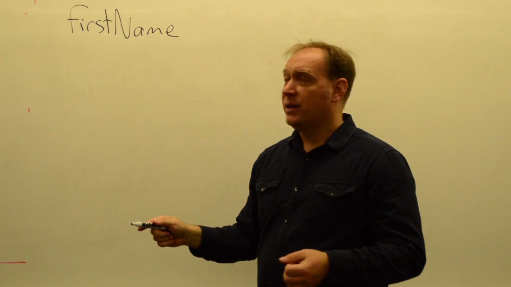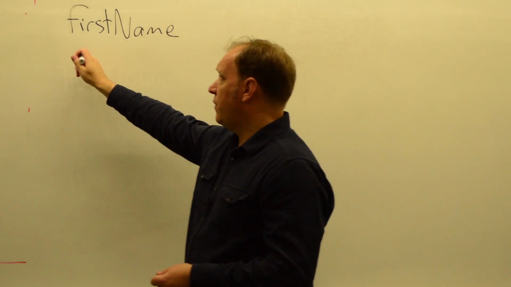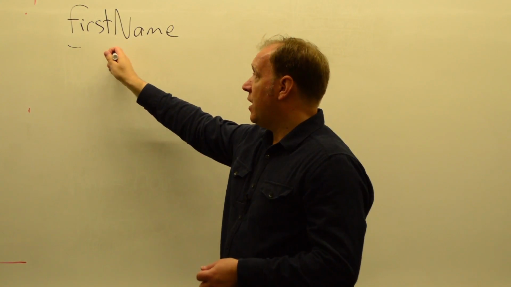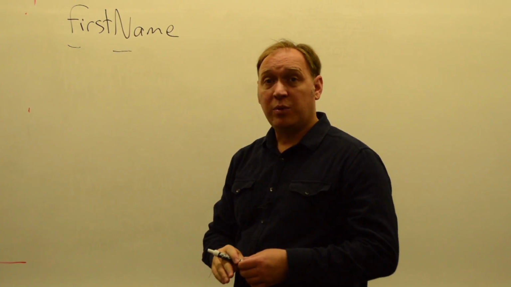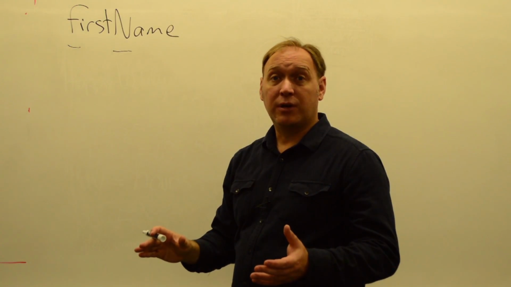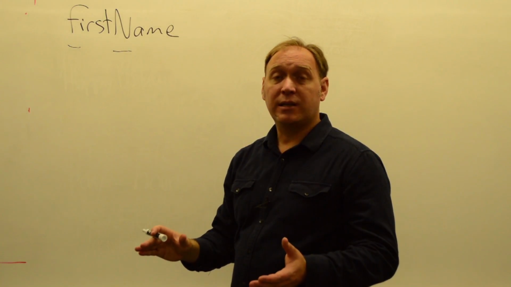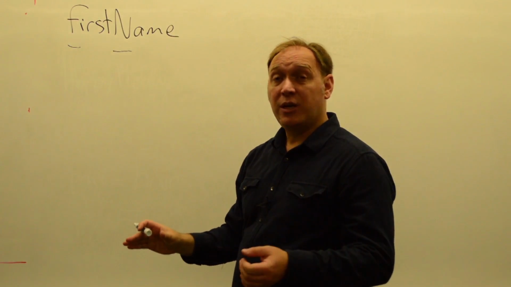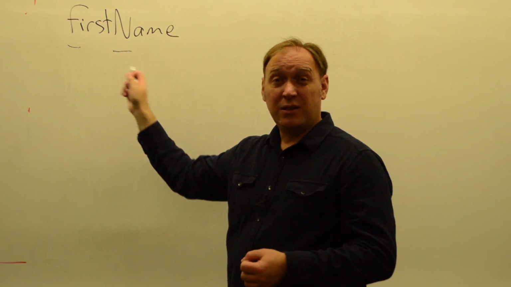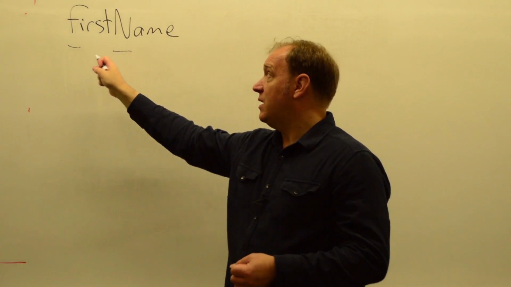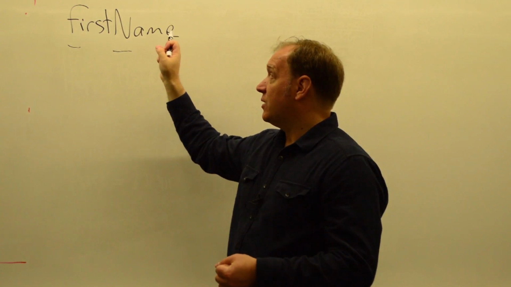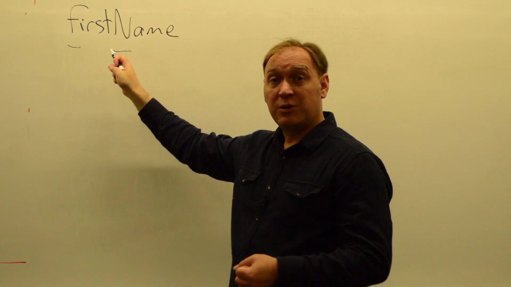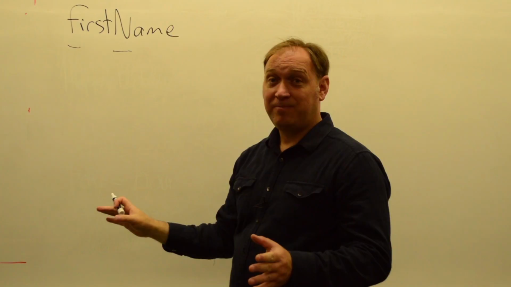The second part is if you always start your variable with a lowercase letter and put an uppercase letter in it someplace, there's no reserved word that starts with a lowercase letter and has an uppercase letter in it. You will always be safe. Additionally, make sure there's no spaces in your variable name as well. It has to be a continuous line of characters. So as long as the first letter is a lowercase letter and there's an uppercase letter in there someplace with no spaces, you'll always be fine.